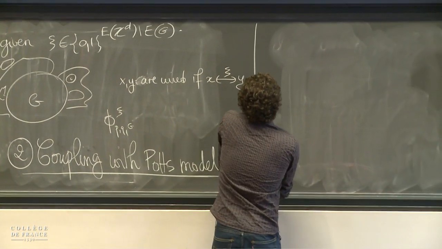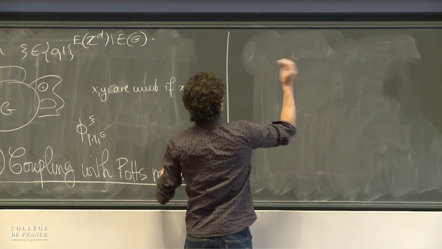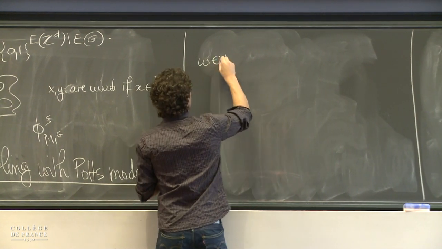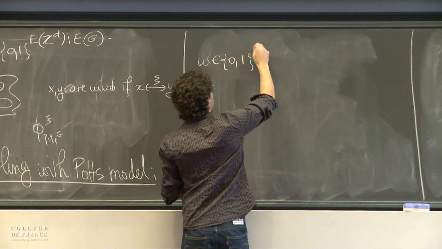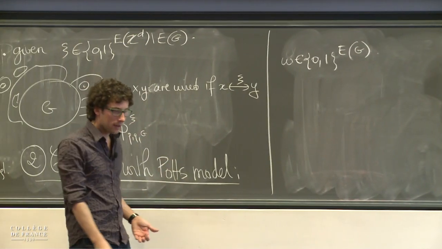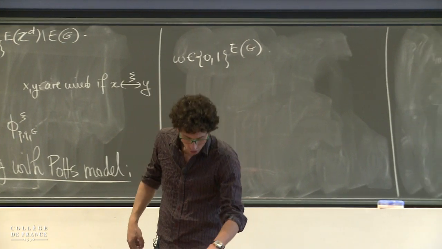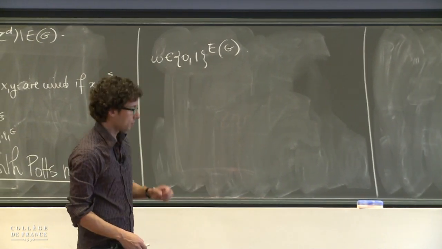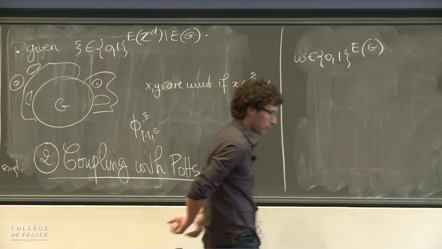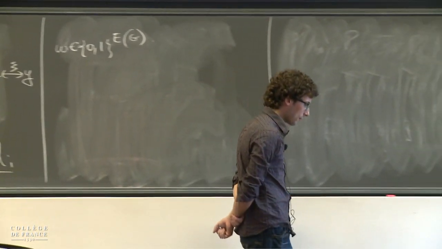So imagine you have a configuration. I give you omega, a percolation configuration on a graph. How can you recover in a natural way a configuration of the Potts model? So remember, the Potts model is a spin model, so I have spins on every vertex of my graph.